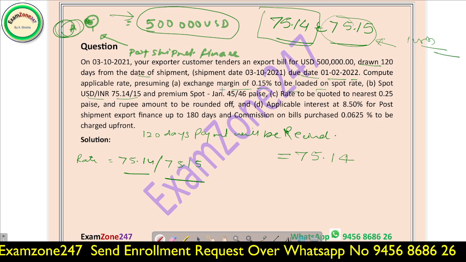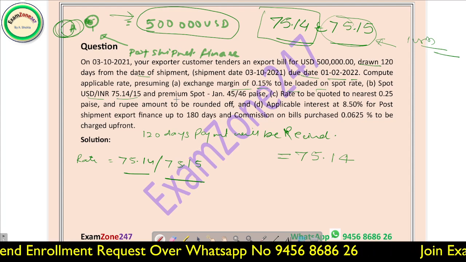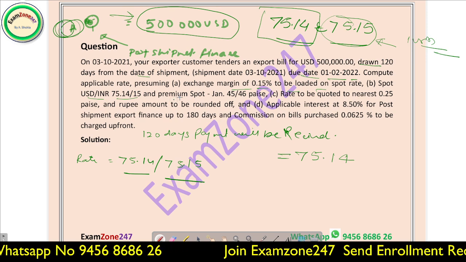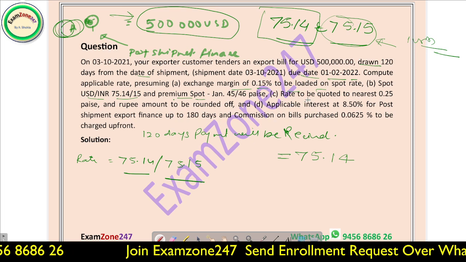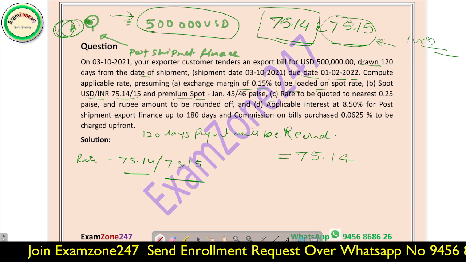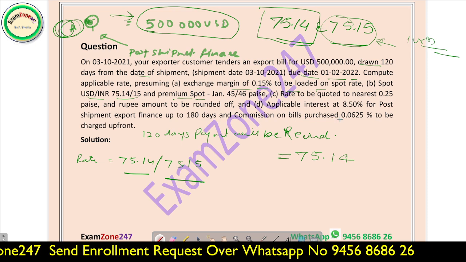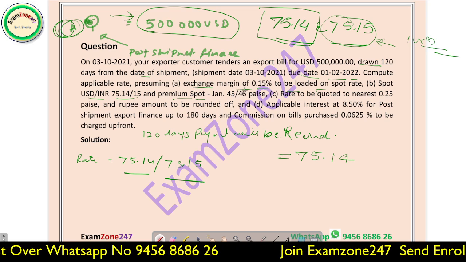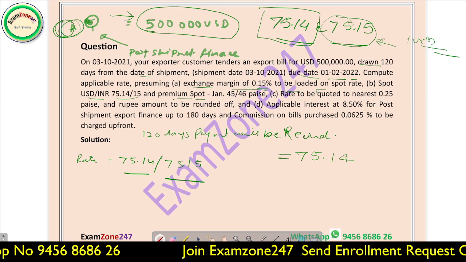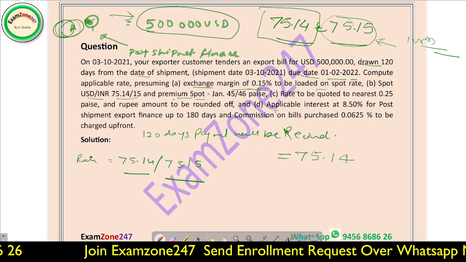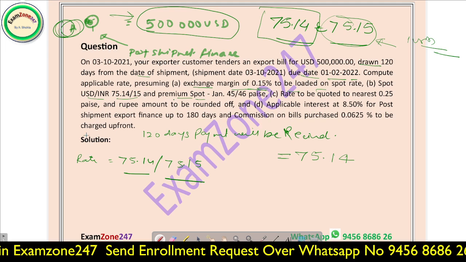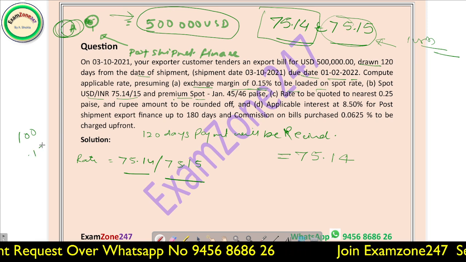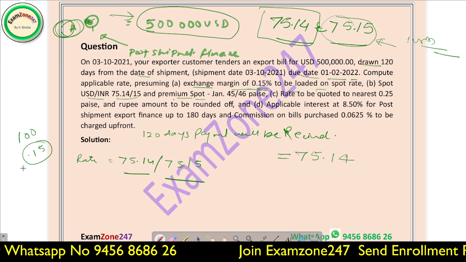Now there is a premium on the spot rate. Exchange margin of 0.15% to be loaded on spot rate means if there is a rate of 100, then 0.15 will be deducted by the bank.